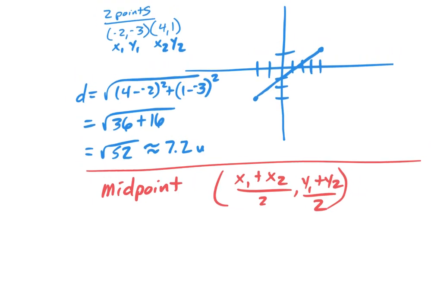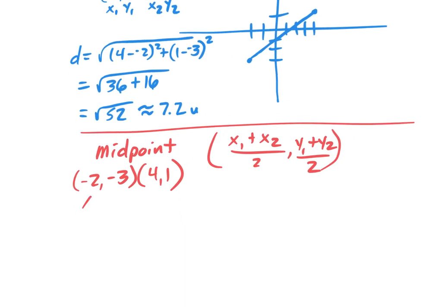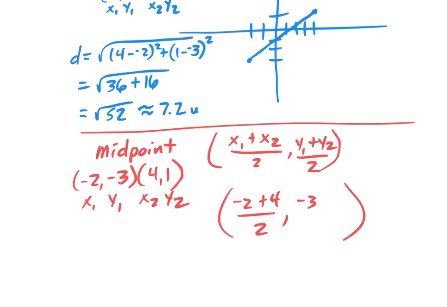The 2 points that I gave you up here were -2, -3, and 4, 1. Once again, I'm just going to label them real quickly here. x1, y1, x2, y2. We're going to go -2 plus 4 divided by 2, -3 plus 1 divided by 2.